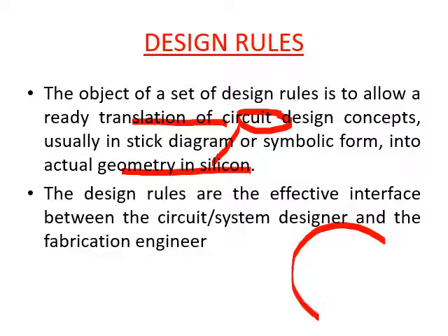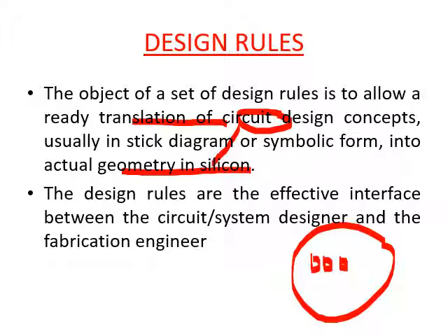Previously we have studied that the silicon wafer usually will be around 10 to 15 centimeters in diameter. So there will be many chips on the silicon wafer. On every chip we need to draw the geometry, or how the actual AND gate will be.